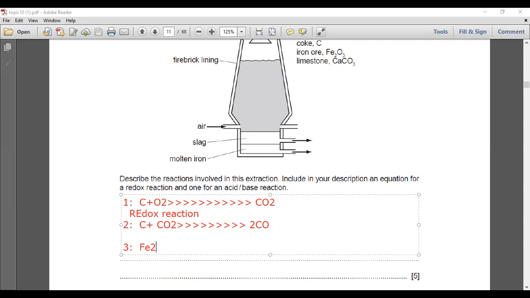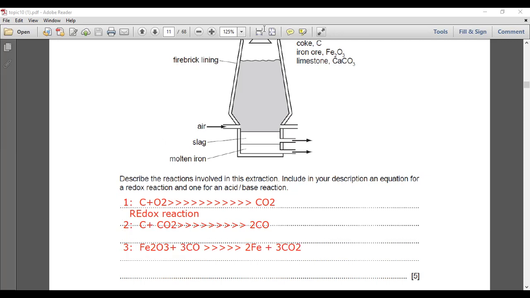So here, Fe2O3 will react with 3CO to form 2Fe plus 3CO2. So here, now I got iron. This is the iron which I need.